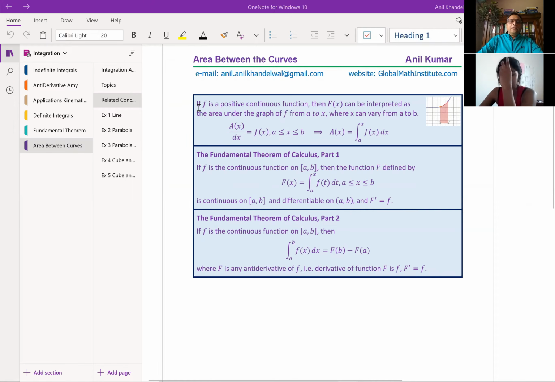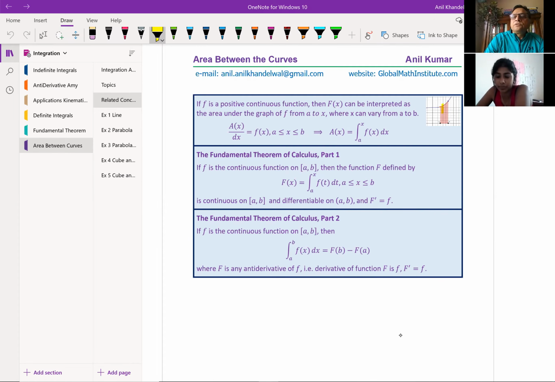We know that if f is a positive continuous function, then the integral of f of x can be interpreted as the area under the graph of f. The rate of change of area is equal to the function itself, and if we do the antiderivative, we can find the area.